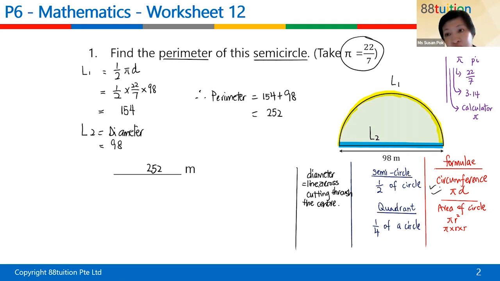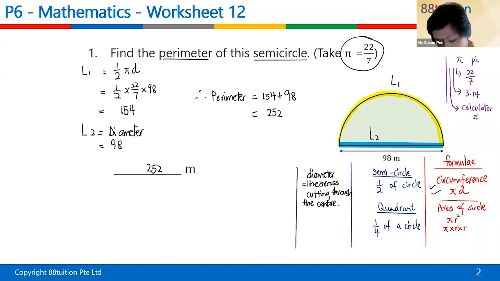Serena, I need your help. Can you give me the formula to find the area of circle? Pi times radius. Very good. Then how to find the area of quadrant? May I have Nabil?